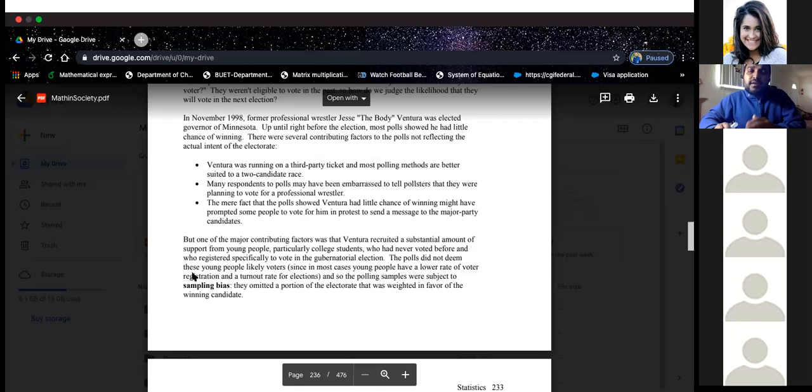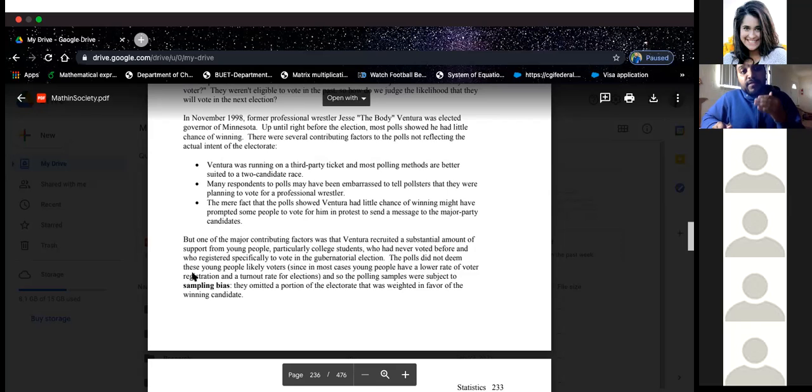And they had certain reasons for that as well, because in their previous polls and surveys, they have seen that the new voters have a lower turnout in the election. That means even though they are eligible for voting, they don't really go for voting.